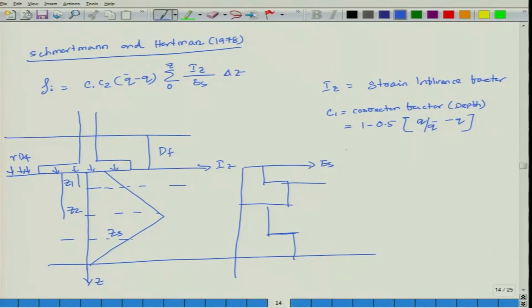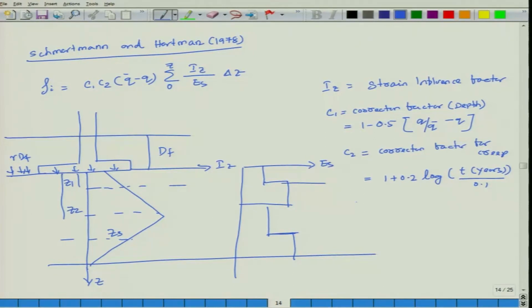C2 is your correction factor for creep, and this is 1 plus 0.2 log of t in years by 0.1.